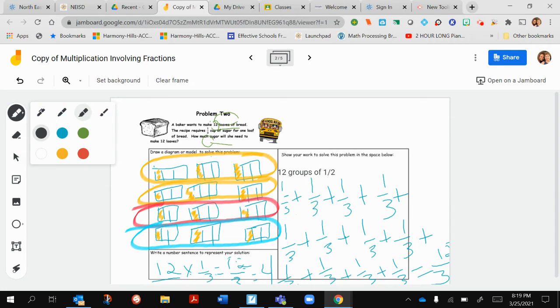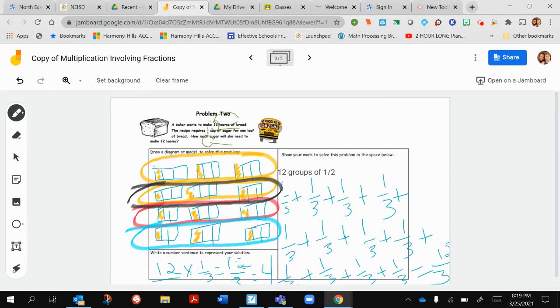Go ahead and switch that other color. 1/3, 2/3, 3/3. So how many groups do I have? Yeah, I have 4 groups. So is this a true statement that 12/3 equals 4 groups?